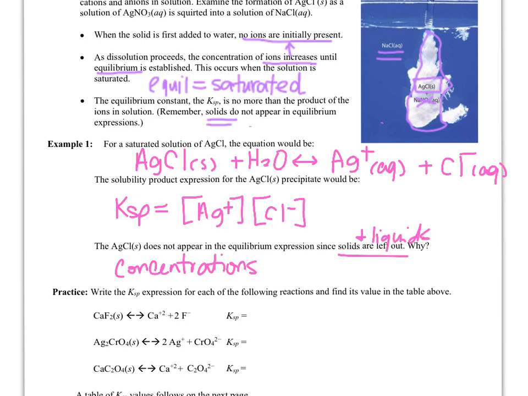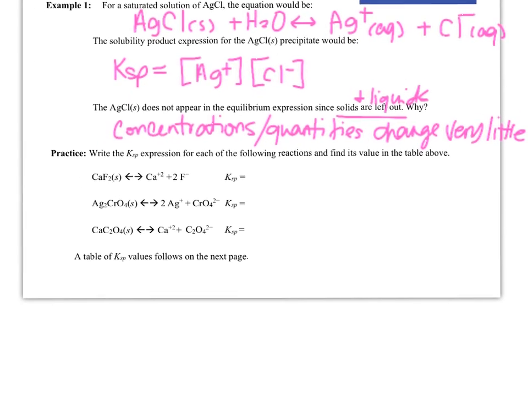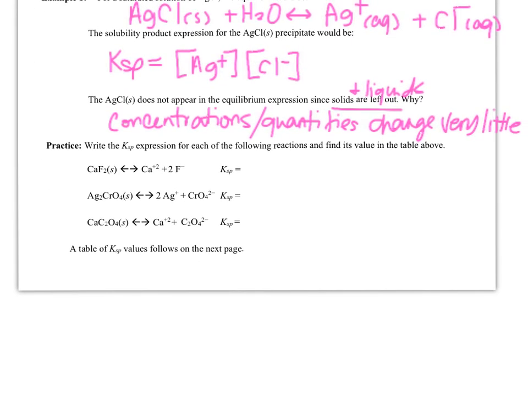Their concentrations or quantities change very little. So since they don't change much, we don't really include them. There's not a whole lot of change going on there. So there's no point in including them in the equilibrium expression because overall it's just going to pretty much be the same.